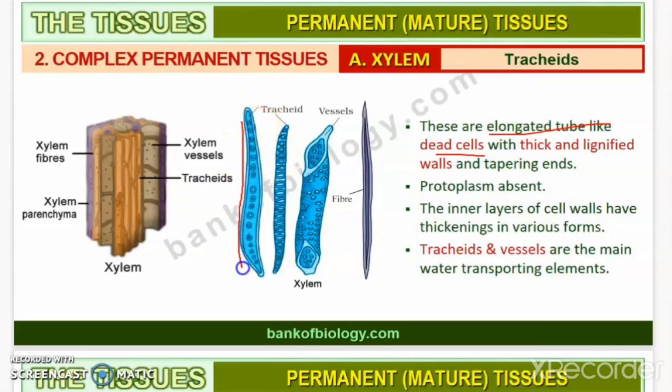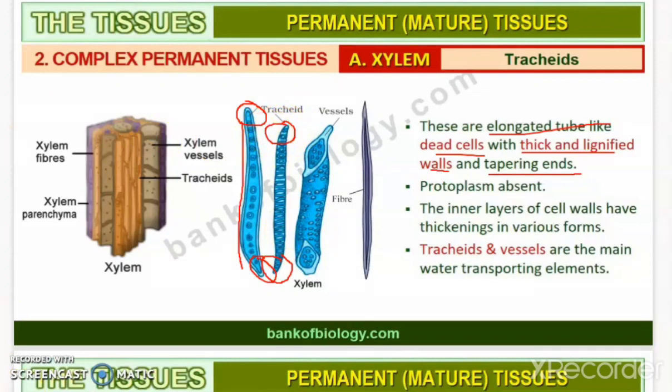You can see how it is getting elongated with thick and lignified walls. Okay, so how is their outer wall? Their outer wall is thick and lignified. Lignified means there will be deposition of lignin. Okay, and they have tapering ends. You can see the end of this tracheid, it is tapering. Tapering means it becomes narrower at both ends.